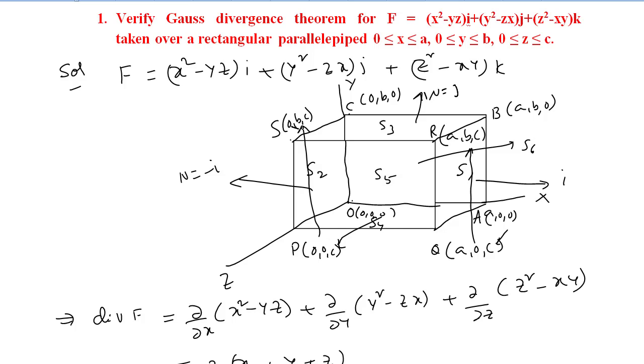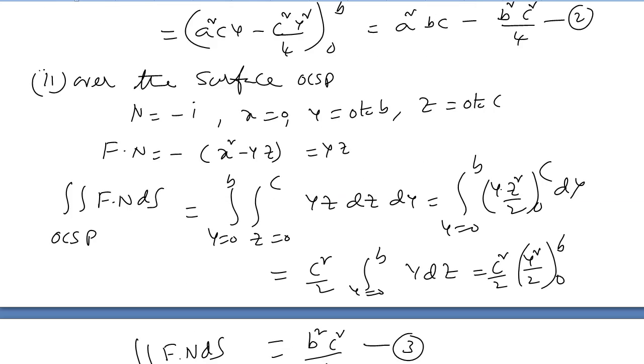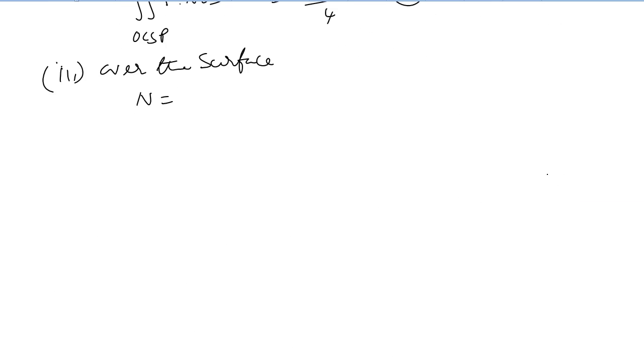Now x along the x axis is 0 to a, along the z axis 0 to c. n equals j, y equals b, x varies from 0 to a, z varies from 0 to c. f dot n equals the j coefficient, which is y square minus xz.